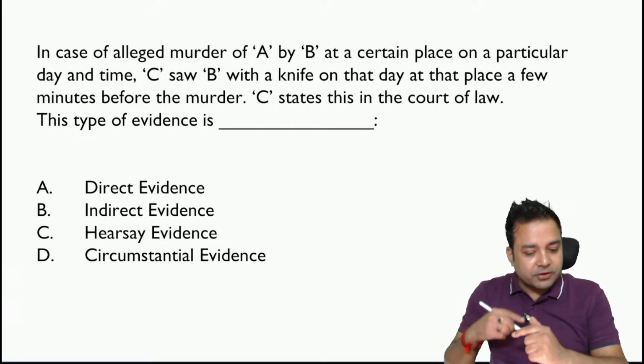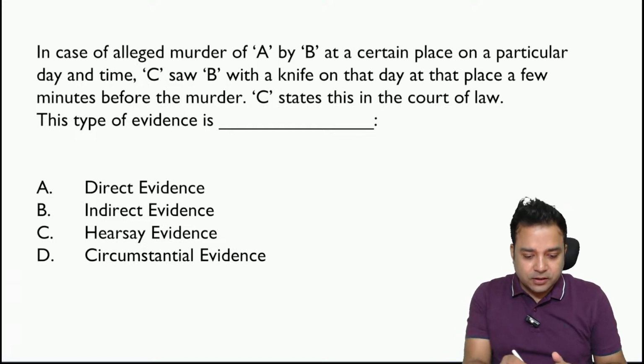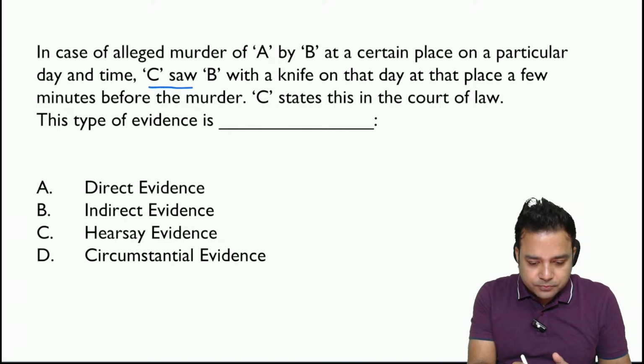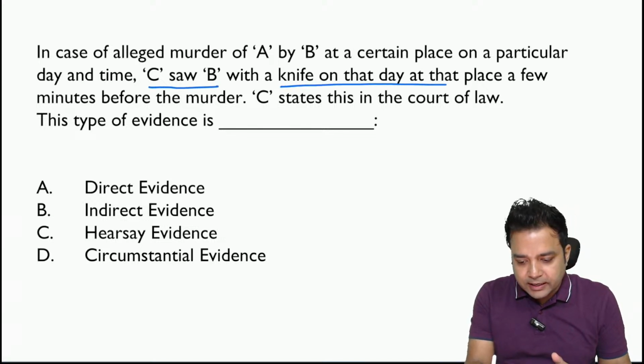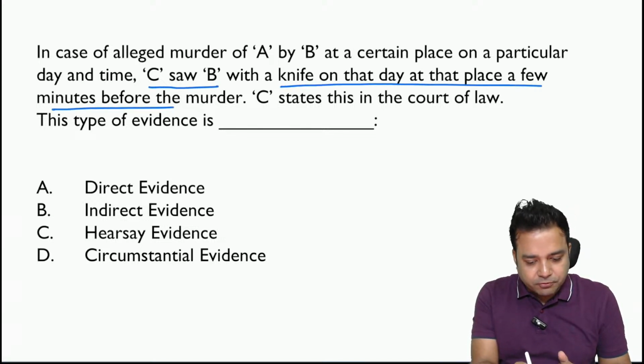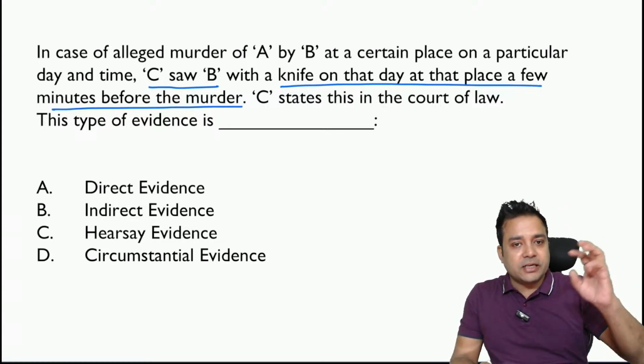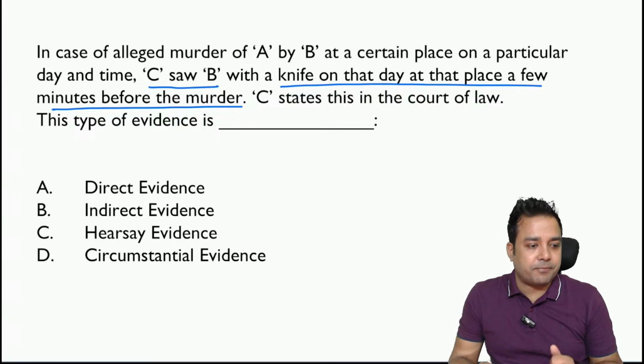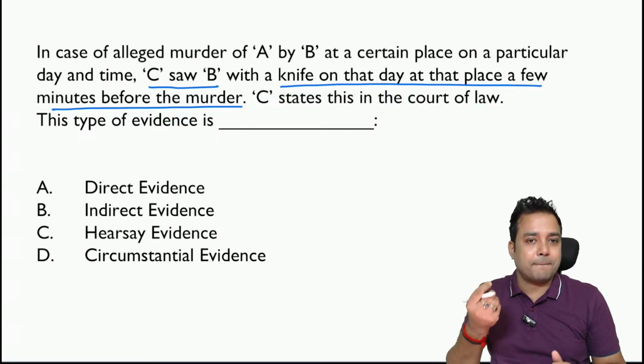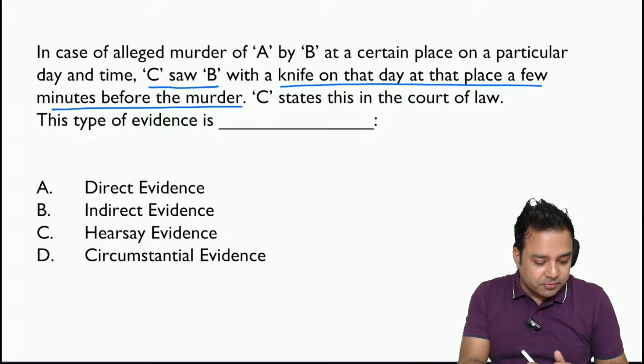What is the thing which the witness has seen? The witness saw B with a knife on that day at that place a few minutes before the murder. He has not seen the crime occurring. He is not common witness, but he has seen something in relation to the crime. What is that something? Called as in law circumstantial evidence.